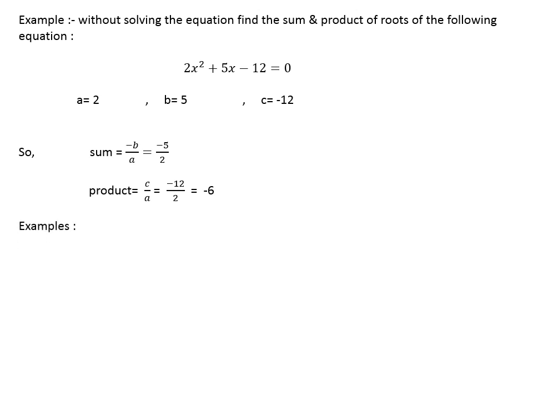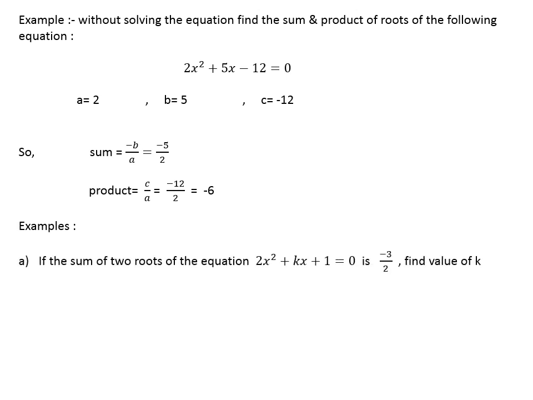Okay, let's take another example to make it clear for you. If the sum of the two roots of the equation 2x power 2 plus kx plus 1 equals 0 is negative 3 over 2, find the value of k. From the rule of the sum of the two roots, it will be negative b over a, which is negative k over 2.